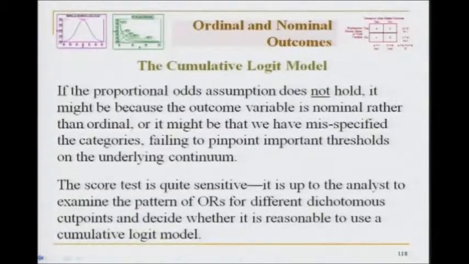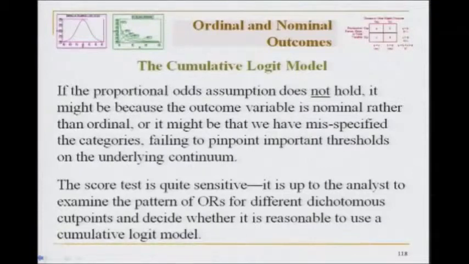Some reasons why we may get significant results from the score test, indicating that the proportional odds assumption doesn't hold: maybe we really do have a nominal variable, not an ordinal one. Maybe we've misspecified how we are defining our ordinal variable. On a Likert scale, by definition, you've got 1, 2, 3, 4, 5.